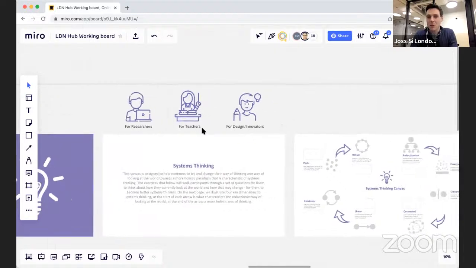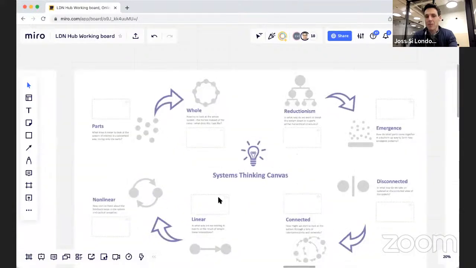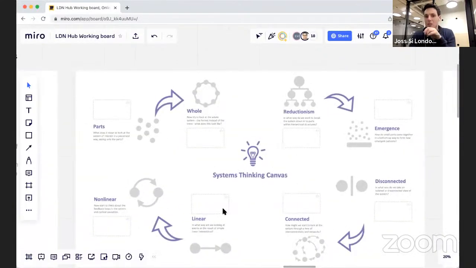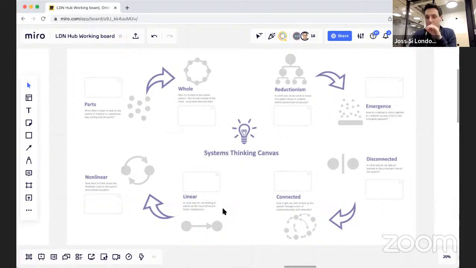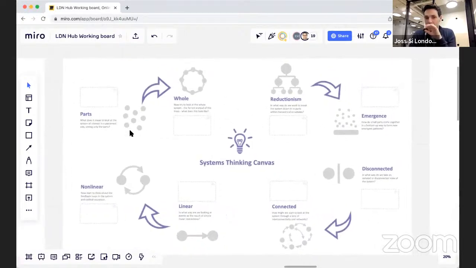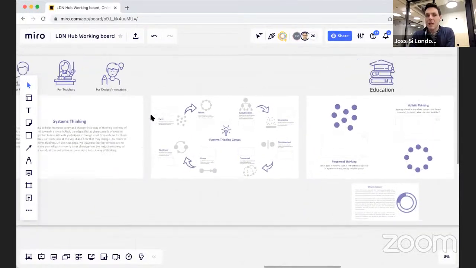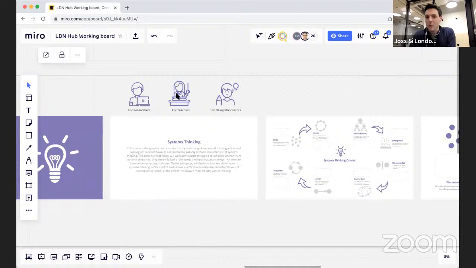This canvas could be very useful in that context to take the topic that you're researching. It might be cities, it might be organizations, it might be water systems or something, and try to shift your thinking from a reductionist, partial view to a more holistic view of it, and derive new insight and new ideas and research from that.